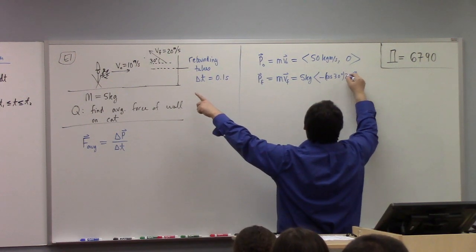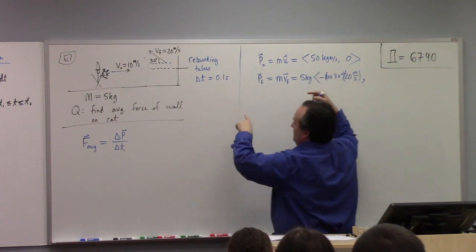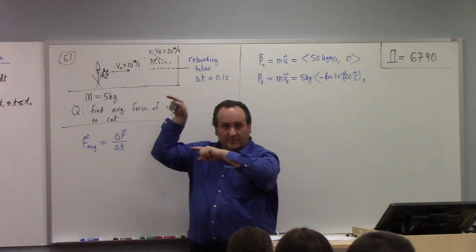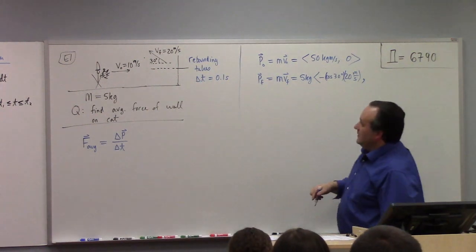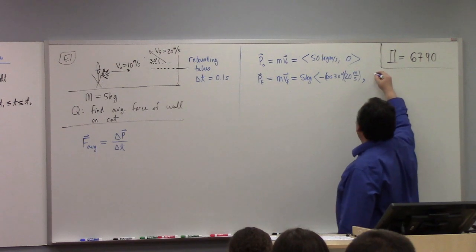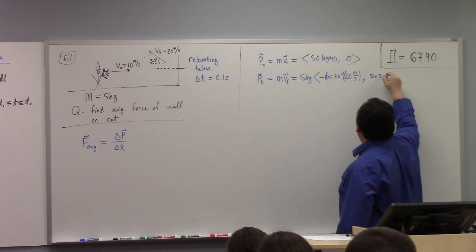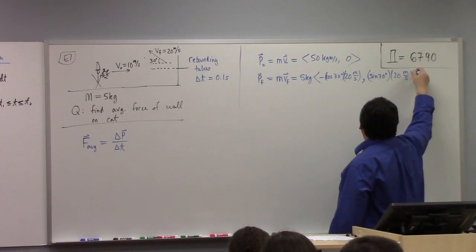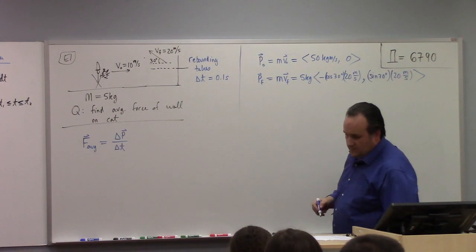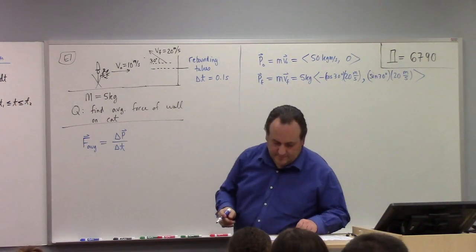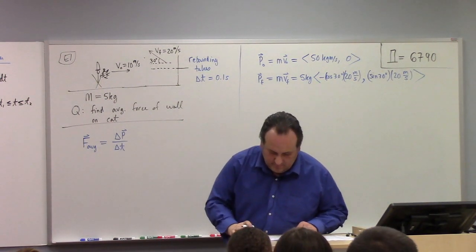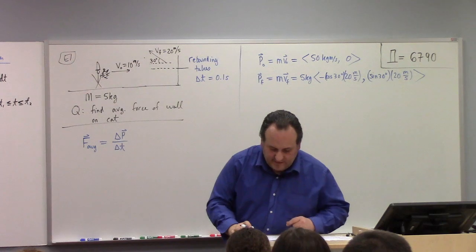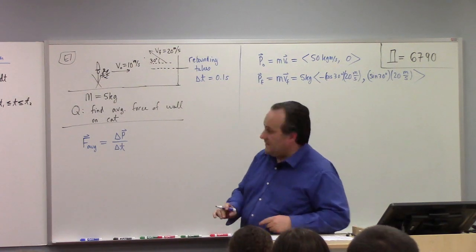See why the minus? Because the velocity is going that way afterwards. And on the other hand, sine of 30 degrees times 20 meters per second for my vertical component. So if we work that out, what do we get? Minus 86.6 and 50, I think.